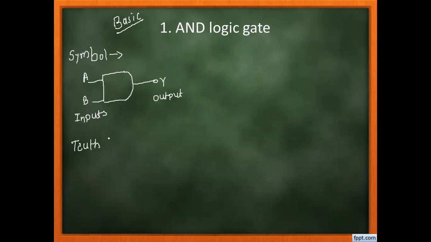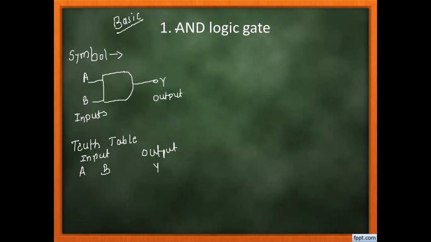This truth table is the relationship between the input and the output. So what are the inputs? They are A and B. And what is the output? It's only 1 output, we say it's Y.